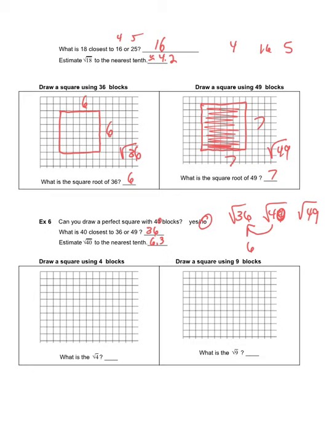Okay. Now, can we draw a block with 4? That's 2 by 2. So the square root of 4 is 2. To get 9 is a 3 by 3. Square root of 9 is 3. Can you draw a perfect square with 8 blocks?